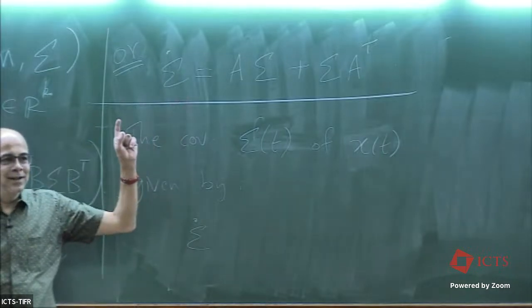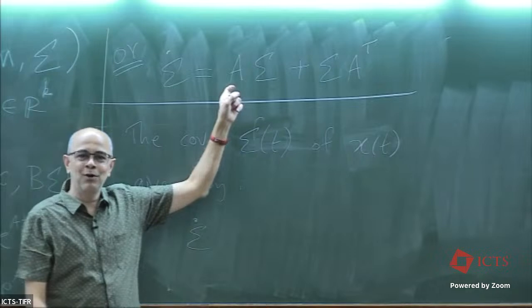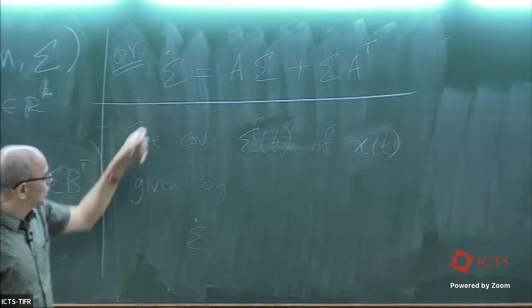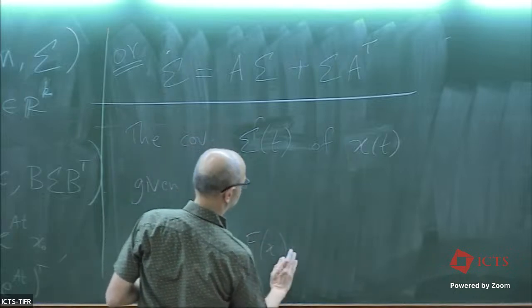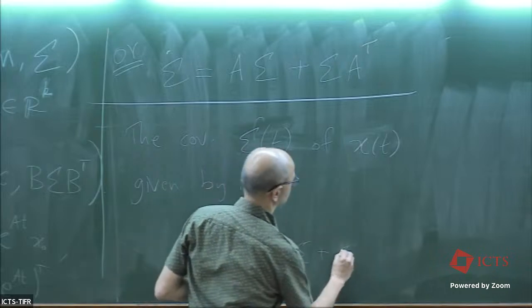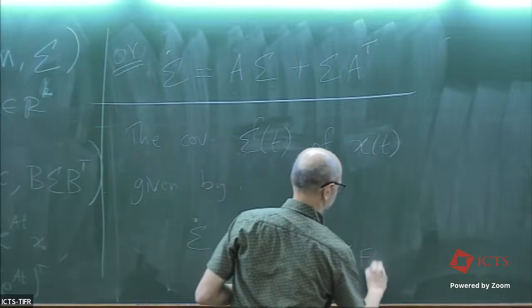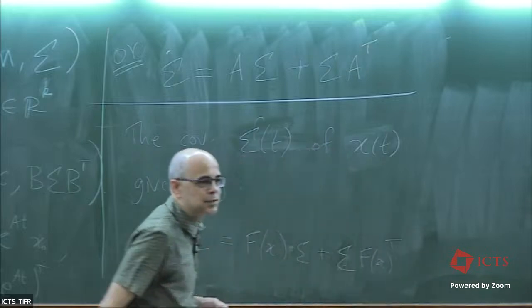It's actually exactly like this, except that now, what is the role of A? Of course, it's not a linear differential equation anymore. But this is where we go back to what we did yesterday, towards the very end of yesterday's lecture. The time evolution of the uncertainties or perturbations is given by the Jacobian, and the covariance also now evolves by f prime of x times sigma plus sigma times f prime of x transpose.